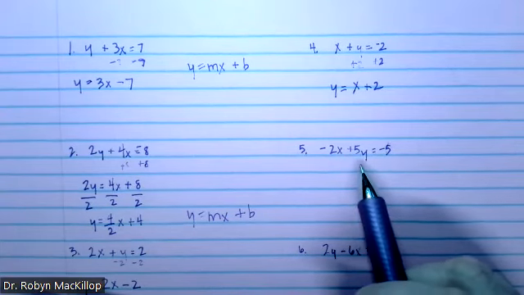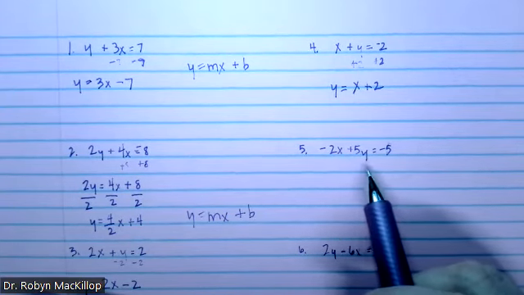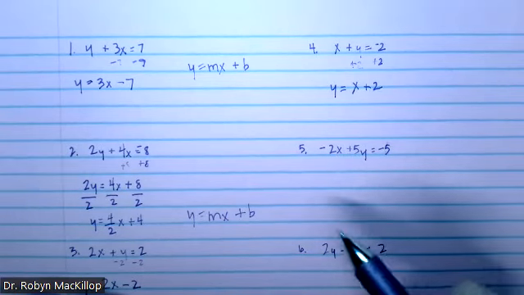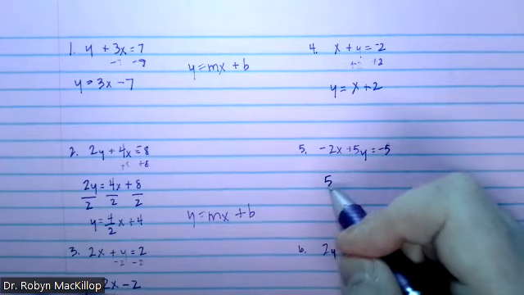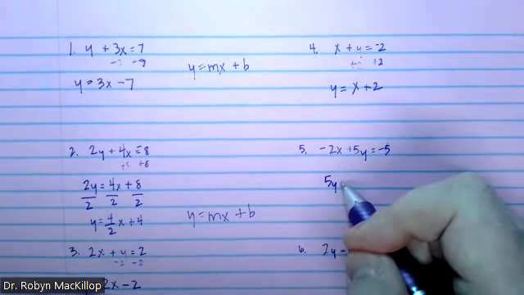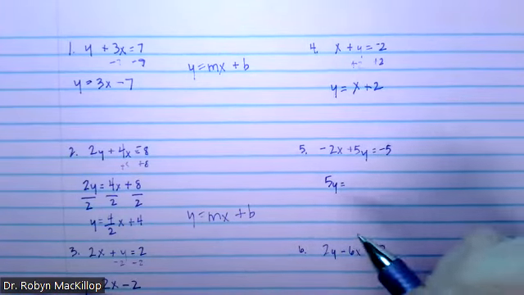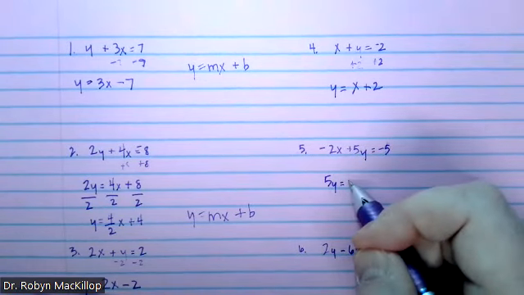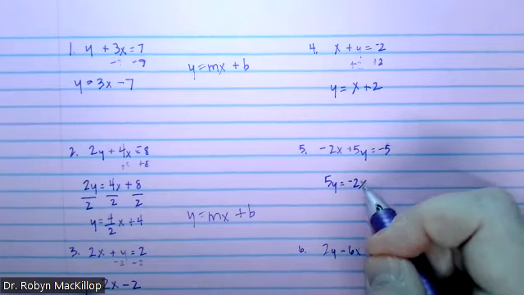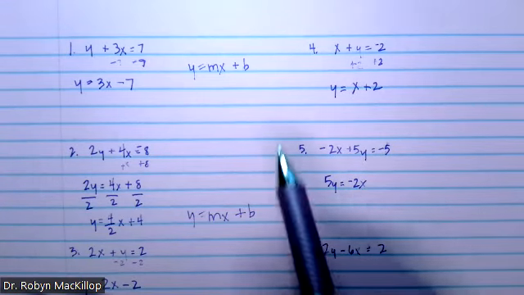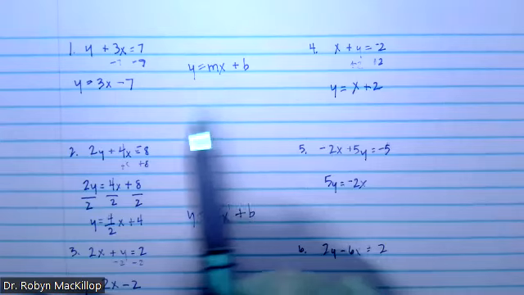And then we'll come down to this one. We've got negative 2x plus 5y equals negative 5. So we're going to start with the 5y equals, keep it in the slope-intercept form, negative 2x. And you'll notice I didn't change any of the signs on the x's.